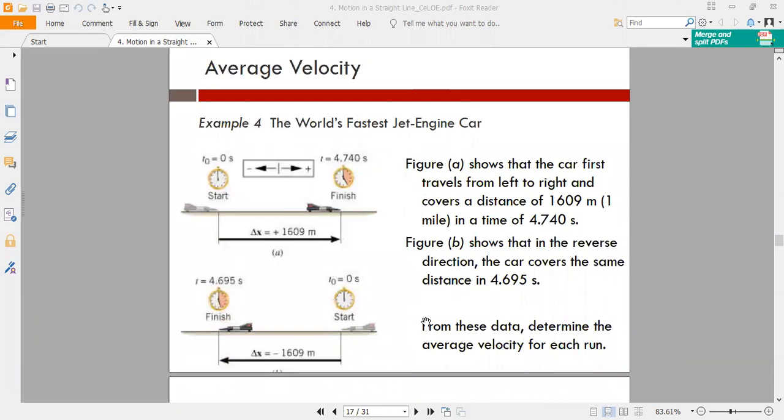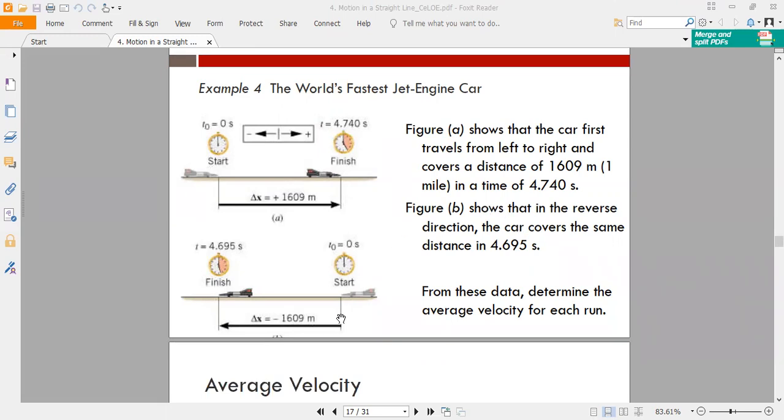So this is an example. The car first travels from left to the right and covers a distance of 1,609 meter. Okay, it's 1 mile, in a time of 4.774 second. And this is the reverse direction. So this is the same distance in 4.695 second.